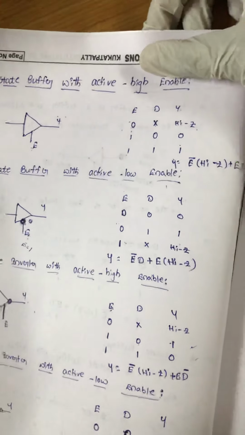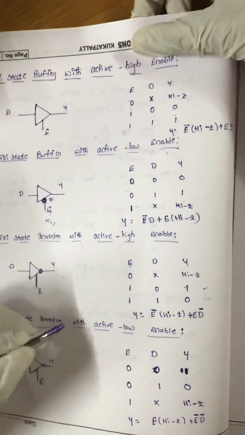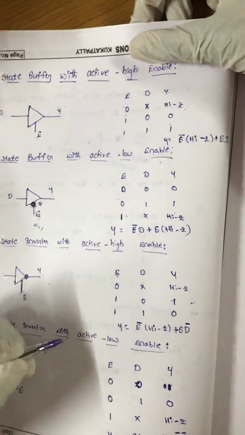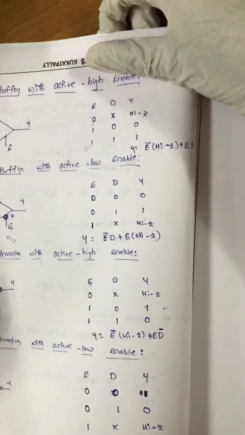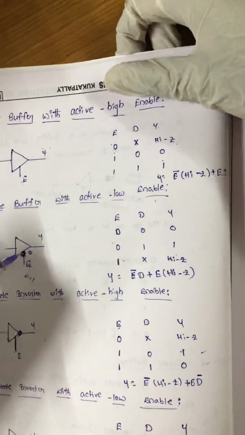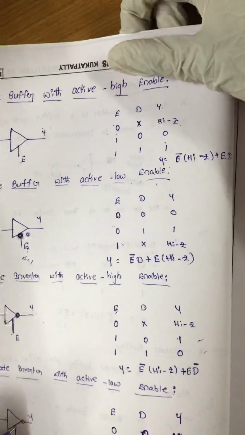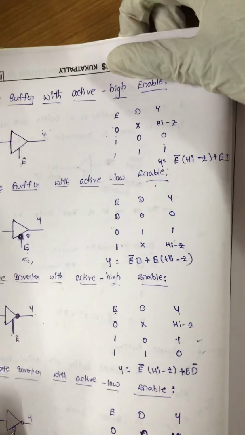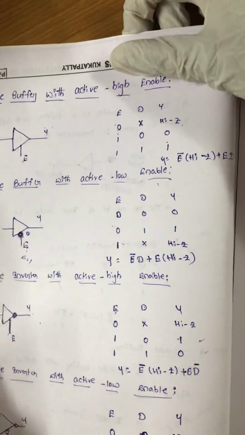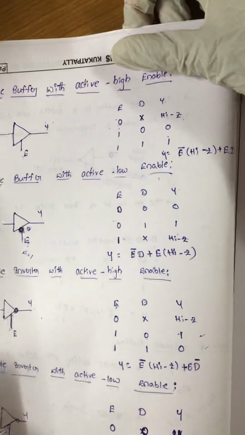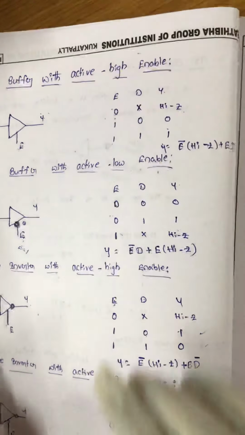Okay. Next coming to tri-state inverter with active low. Tri-state inverter and active low enable means we already connected one active low condition for this buffer, here inverter. So we have to connect two bubbles, at the output and at enable also. Here first E equals 0.